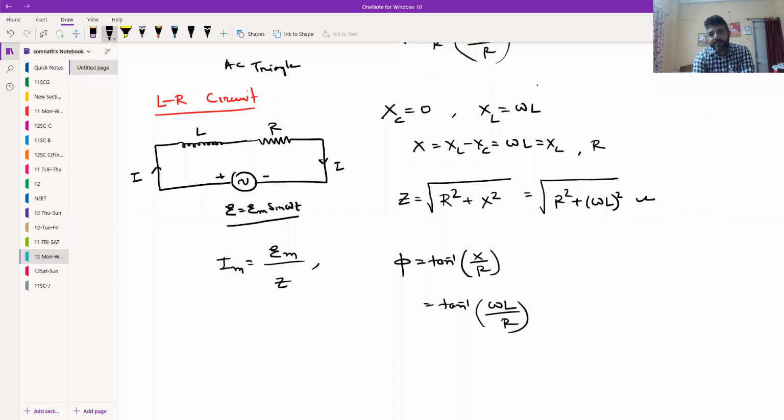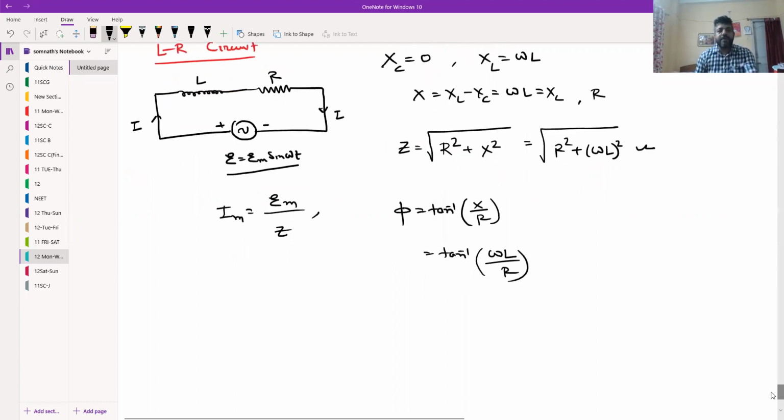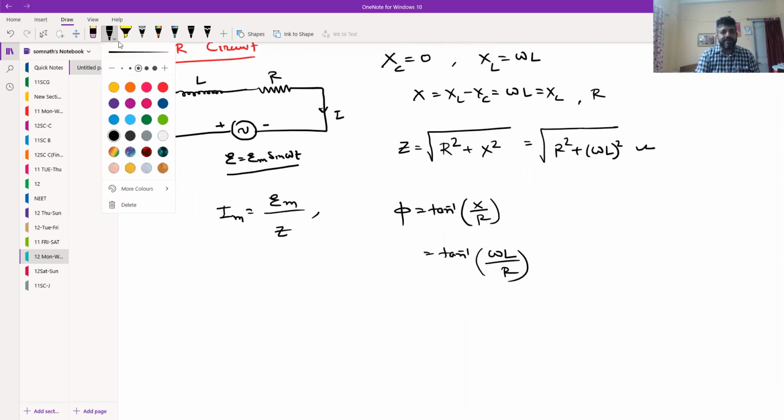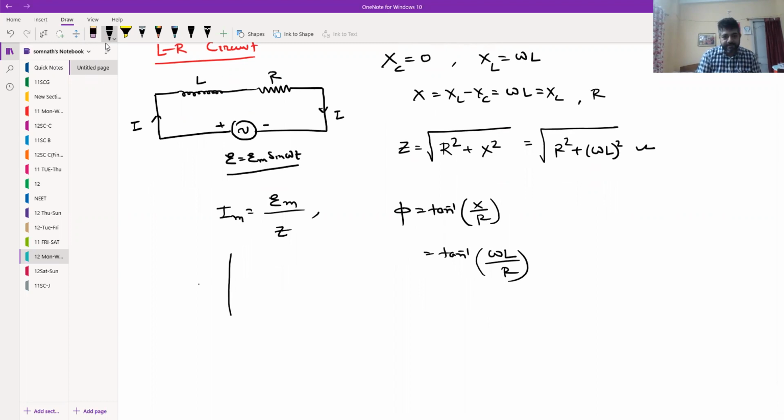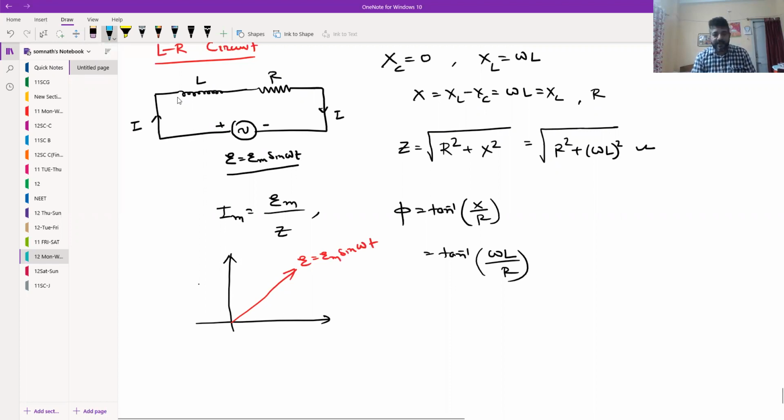Now, to know which type of equation is given, I have to draw the phasor diagram. I think all of you remember. This is my circuit phasor diagram. At any instant, I am drawing this red one as E equals Em sine omega t. And I think all of you remember that in case of a pure inductor, the inductive current leads by 90 degrees.